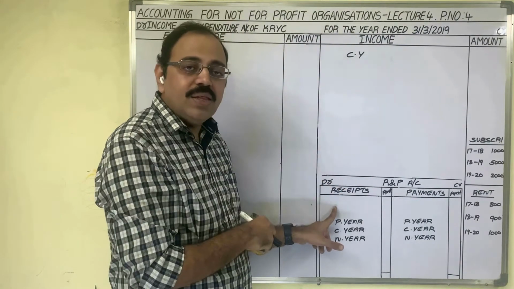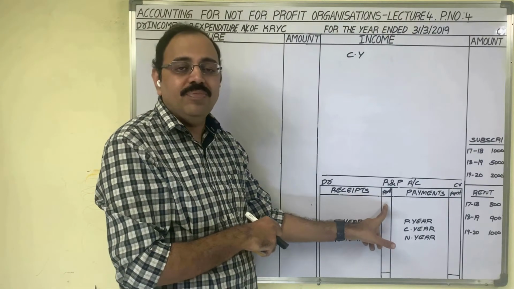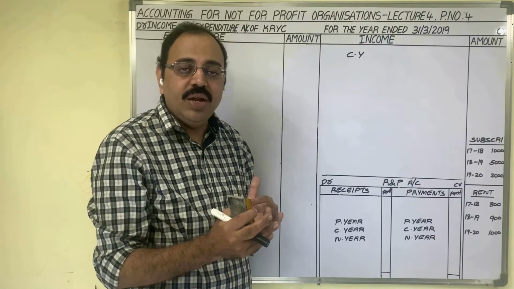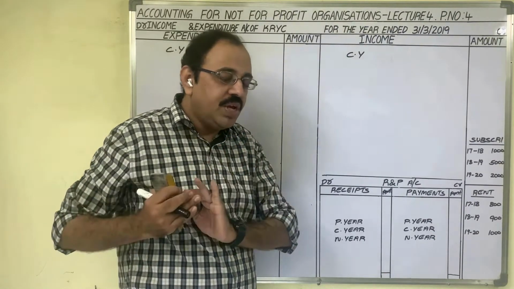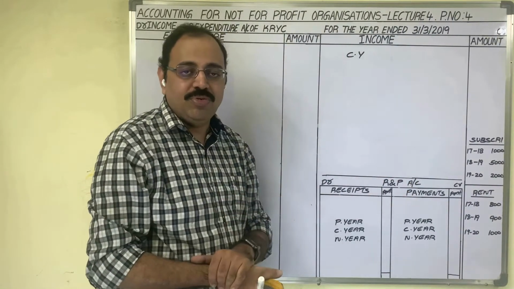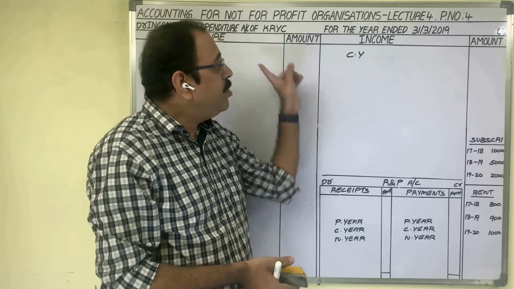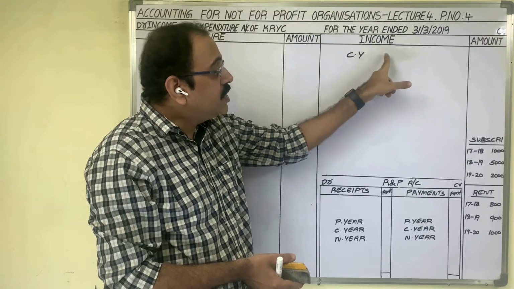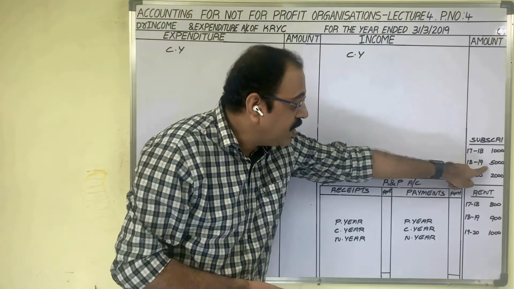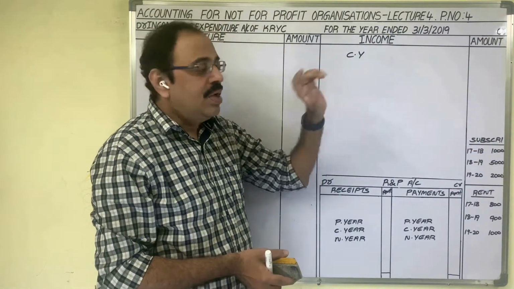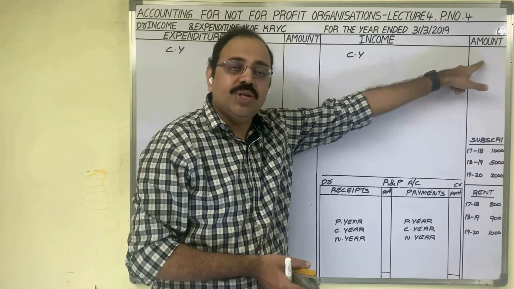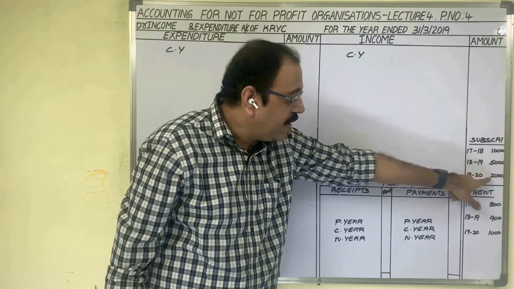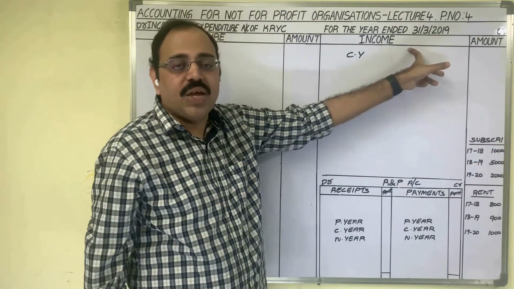So a total of 8,000 we show in the amount column, because we don't show discrimination between current year amount, previous year amount and next year amount. But while preparing the income and expenditure account, only the current year subscription amount of 5,000 rupees we have to show. By subscriptions 5,000 rupees. We should not show last year amount and next year amount in this account.